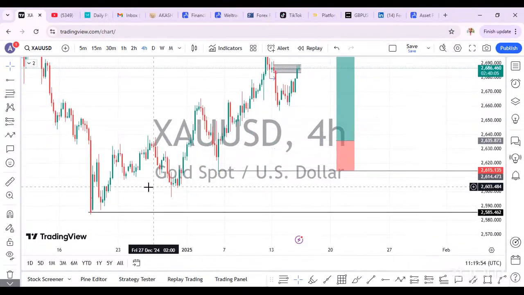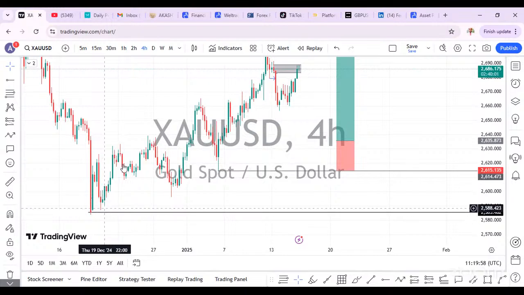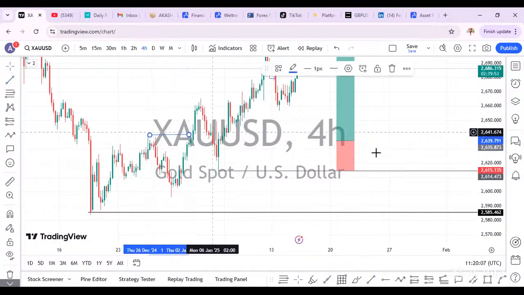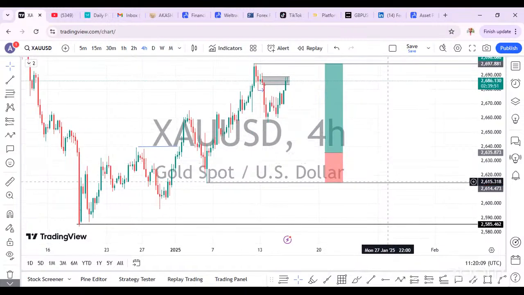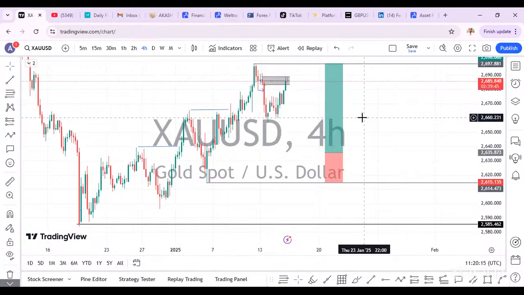So we have price. So this is where we have our change of market direction. There, we have this break of structure to the upside.